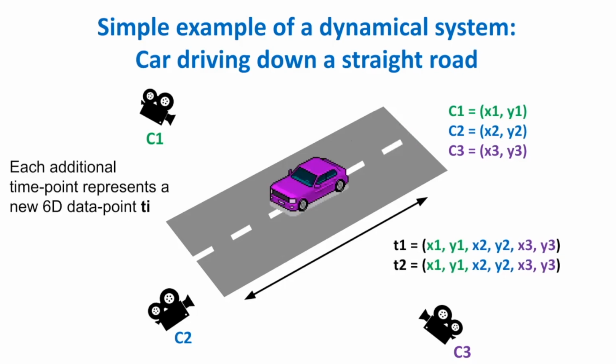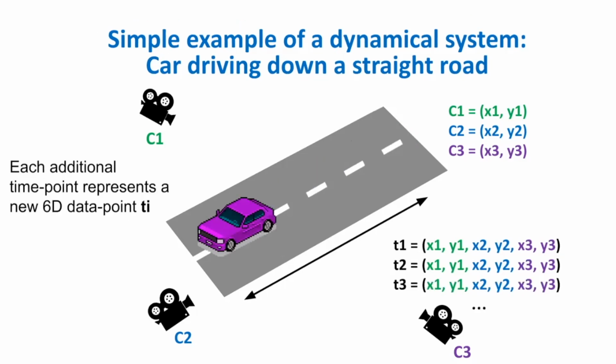And we can do this at different time steps, and for each time point, we get a different 6-dimensional data point. So what we really want is methods that can take these T1, T2, T3, up to Tn, however many there are, and identify the true underlying dimensions of this data and then dismiss everything else.